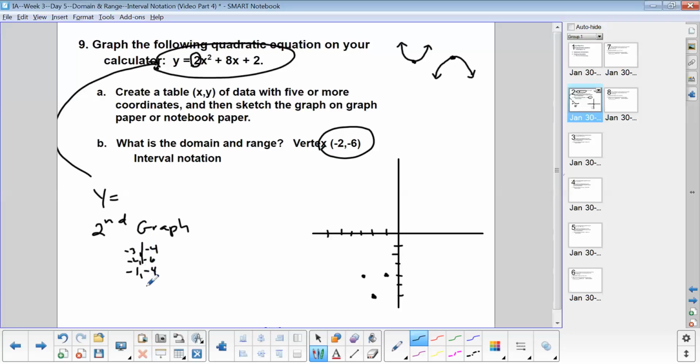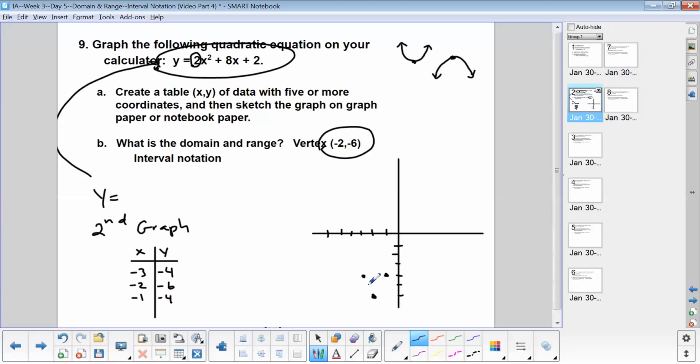And so I'm just going to do that again using a table. So I've got X and Y, and so I'm just going to use -3, -4, -2, -6, -1, -4.